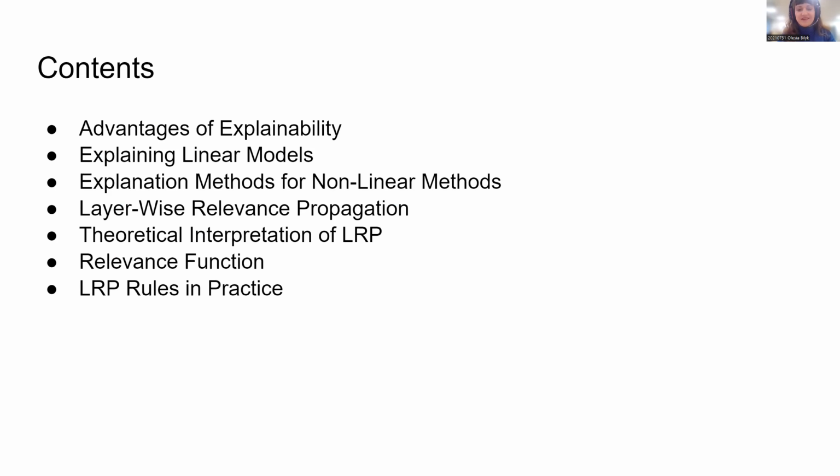Then we will consider how it can be measured in the example of linear models. And from that point on, we will consider nonlinear models that are a bit more difficult to explain. I will list some methods for nonlinear models and elaborate on one model's theoretical foundation.